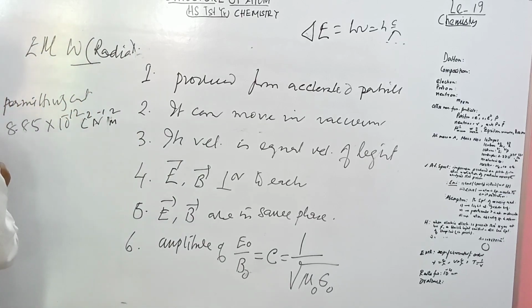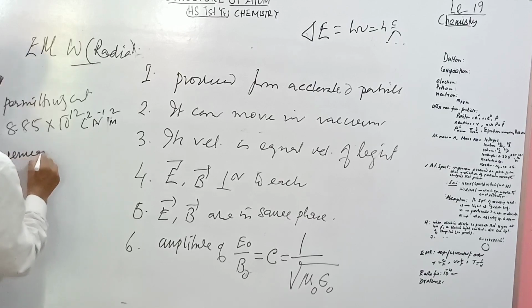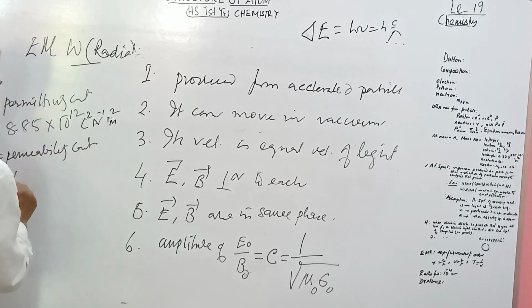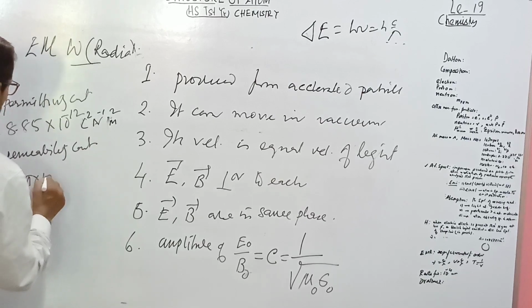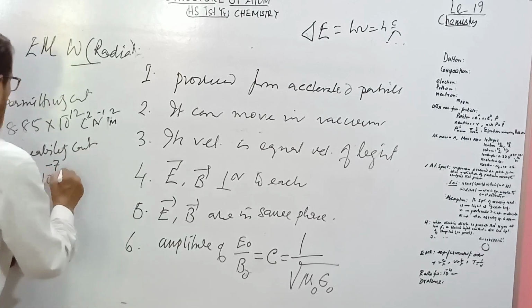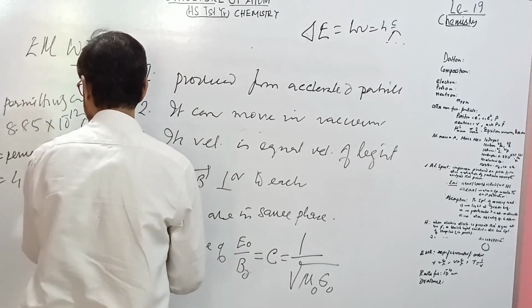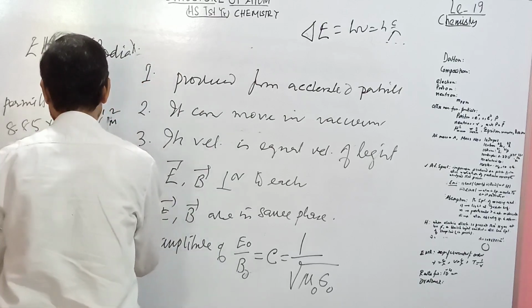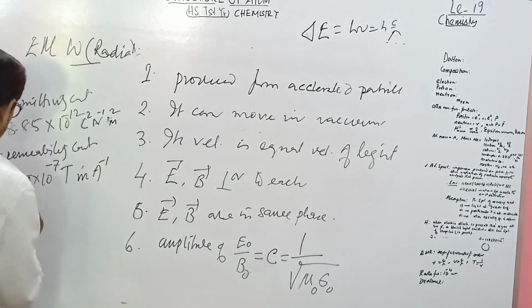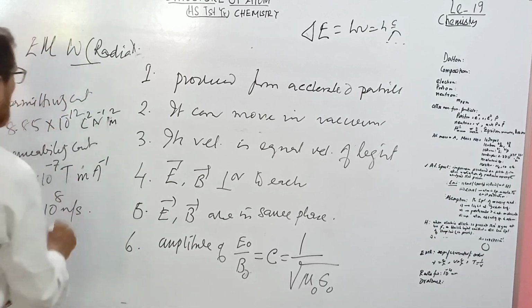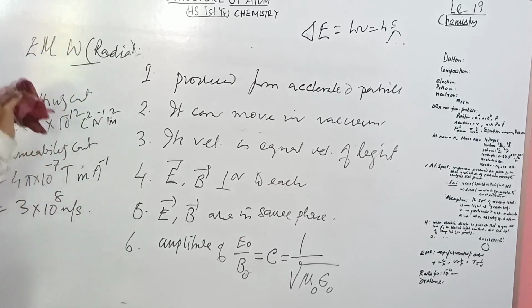And mu naught, the permeability constant, has a value equal to 4 pi into 10 to the power minus 7 Tesla. Velocity of light, if you calculate, it will be this. So these are some of the important characteristics of electromagnetic radiation.